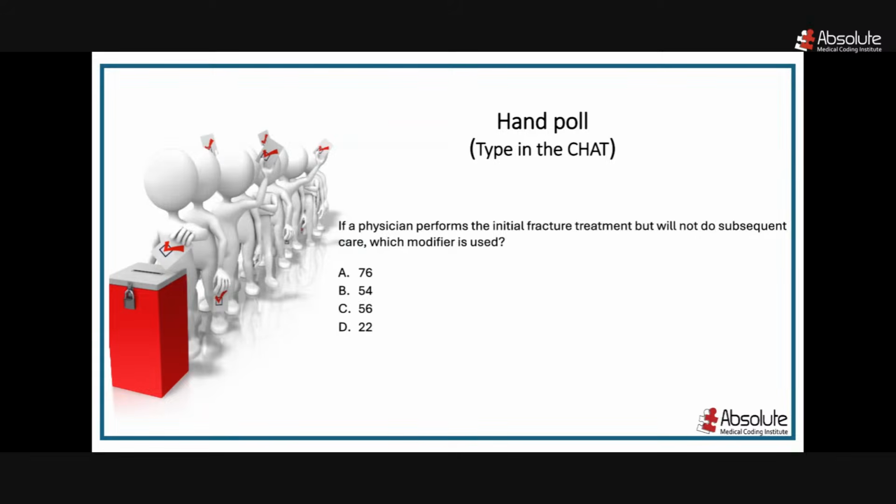If a physician performs the initial fracture treatment but will not do the subsequent care, fracture care, which modifier should be used? Is it option A 76, option B 54, or option C 56, option D 22? What say you, coders?